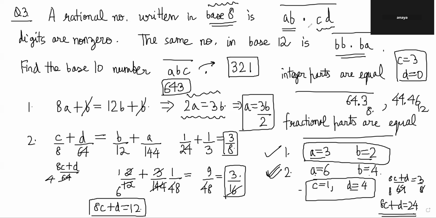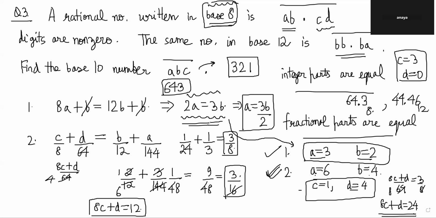Then you have to keep in mind always that whenever you get equations like this, because there is a restriction on the highest digit, it has only a few options. Here it was base 8, so A, B, C, D, everything is smaller than 8. So then you can just list down the two cases that are possible.